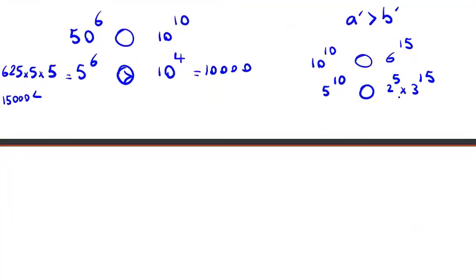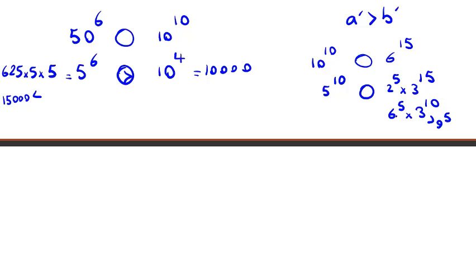Now, if we consider 2 and 3, it will be 6 to the power of 5, and then times 3 to the power of 10. We should check: is 3 to the power of 10 greater than 9 to the power of 5?